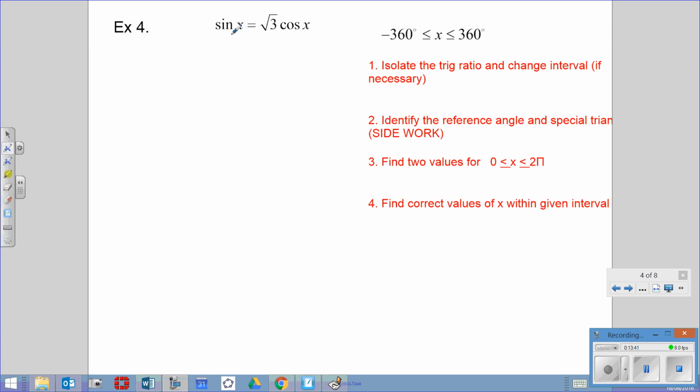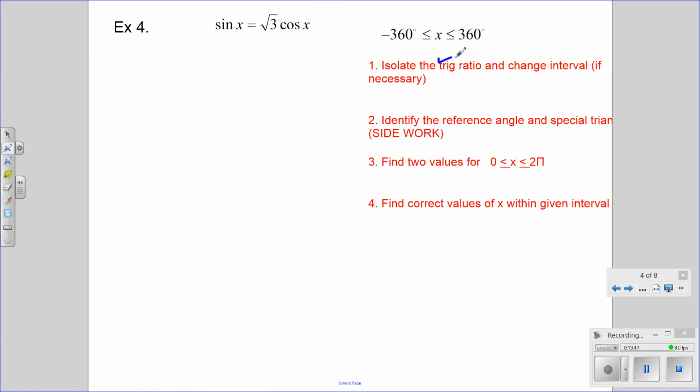All right, guys, this example 4 we're actually going to do together in class tomorrow, but I will start it and give you guys a hint. We're supposed to isolate our trig ratio. However, I see 2 trig functions here. We've got sine x equals square root of 3 times cosine of x. Well, what I do know is I could put sine and cosine together some way to make another trig ratio.